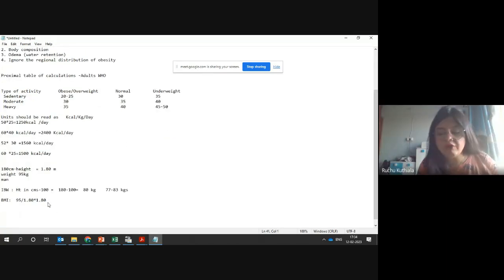As per the rule of the maths, we have to solve multiplication first. So I am opening my calculator. I would be multiplying 1.80 into 1.80. I have got the answer as 3.24. That means 95 divided by 3.24.